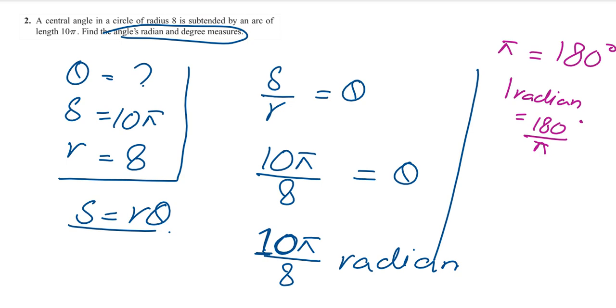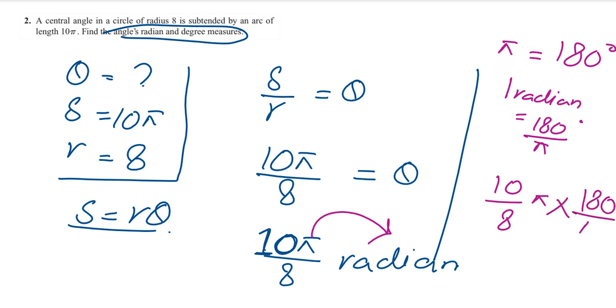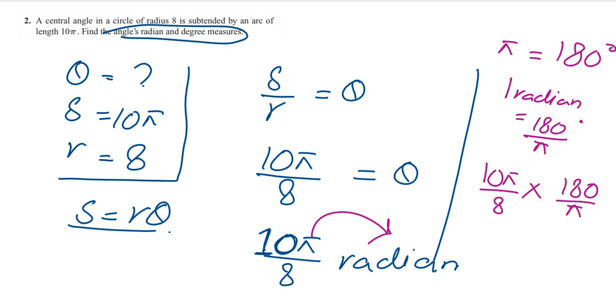So simply we multiply this whole thing by 180 over pi to get the degrees. Cancel the terms, and the answer that we get is 225 degrees.